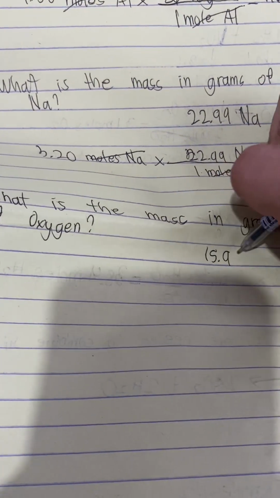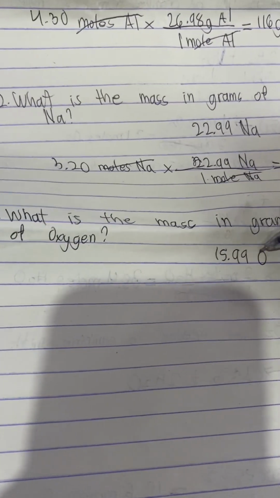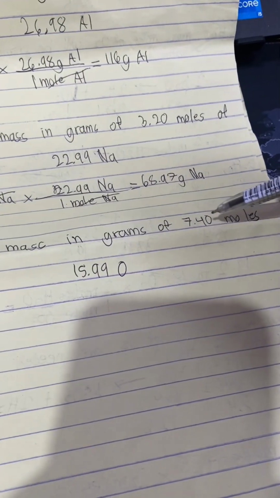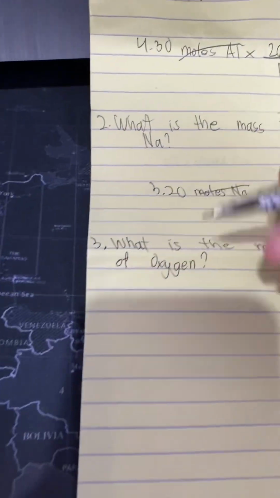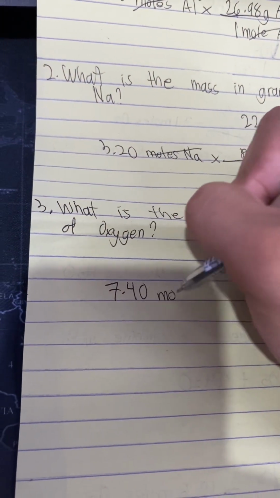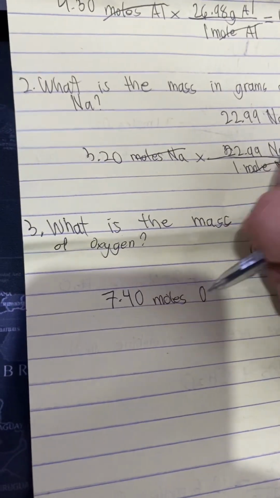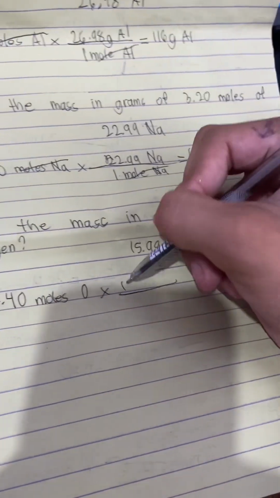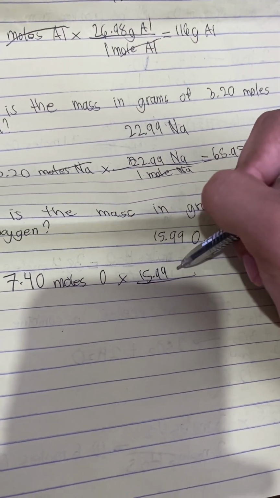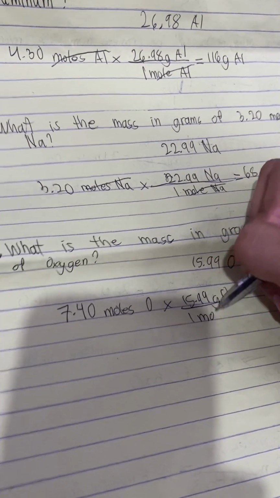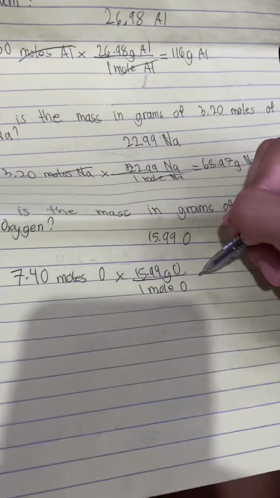The molar mass of oxygen is 15.99, and same, we're going to copy the 7.40 moles of oxygen times the molar mass, 15.99 grams of oxygen and 1 mole of oxygen.